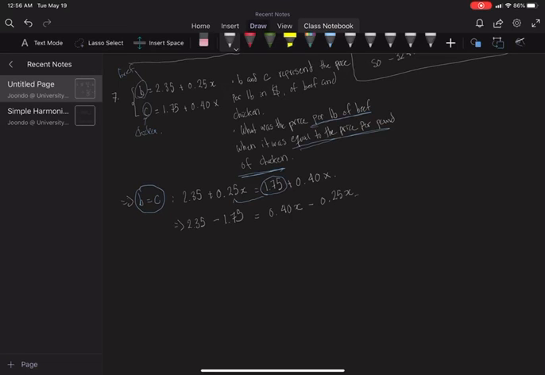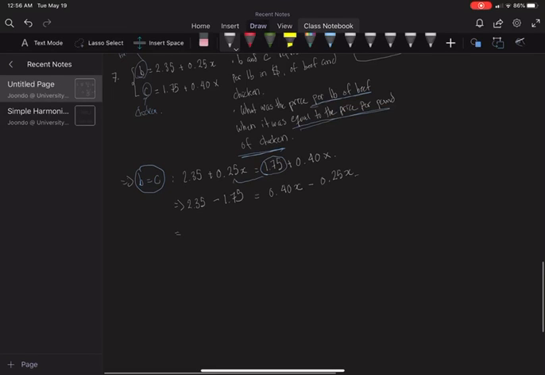So this is 0.60 equals 0.15x. Solving for x, x equals 4.